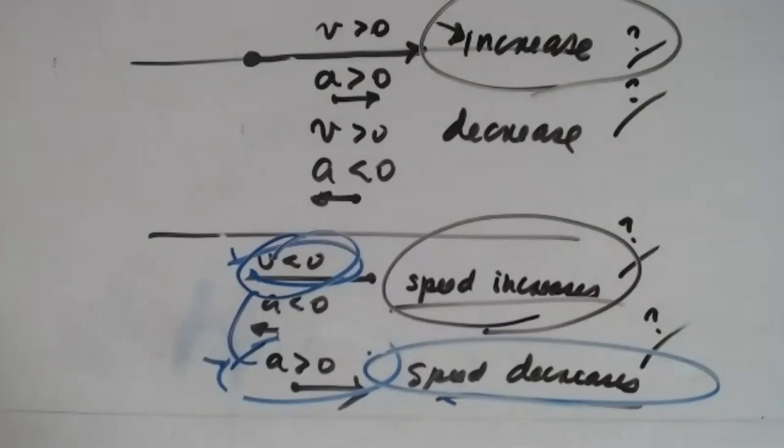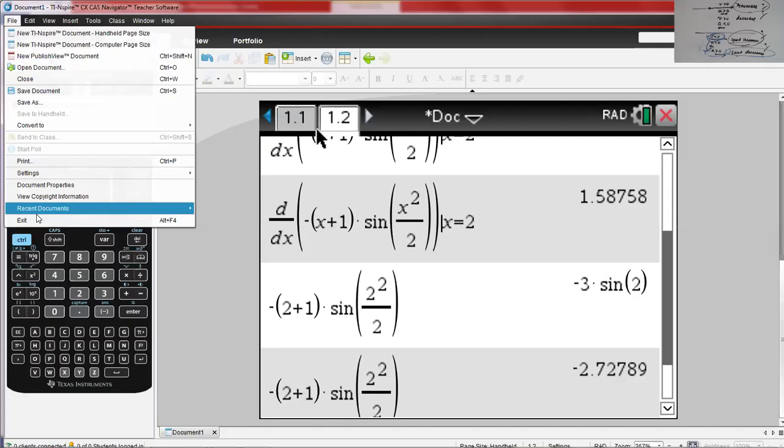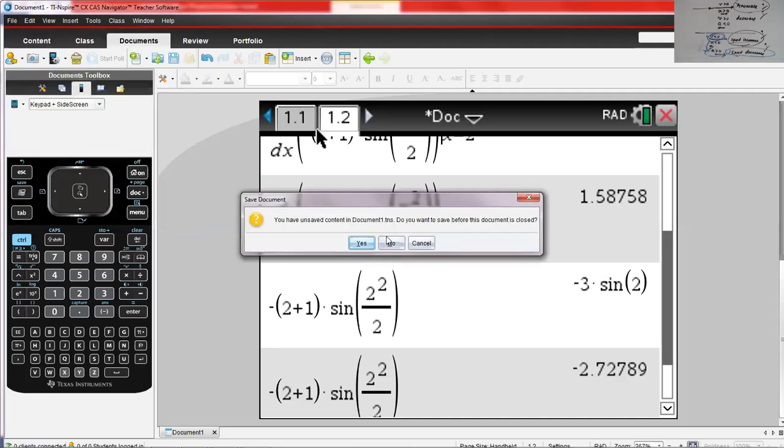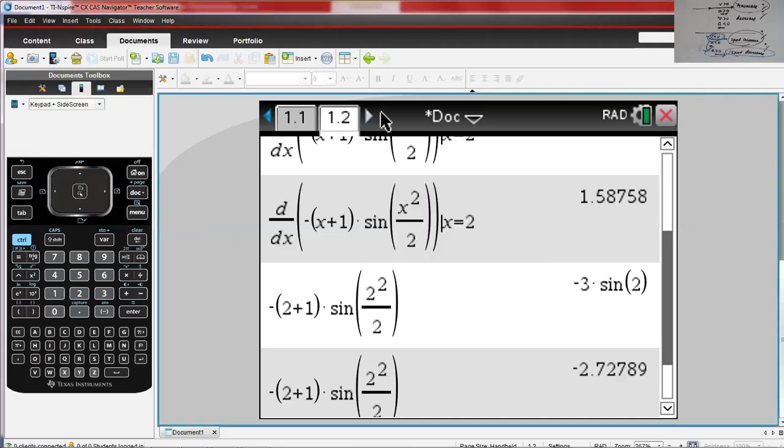¿Se puede un CX o ocupas un CAS? Déjame ver. Déjame abrir el CAS. Bless you. Gracias. Okay, let me just share this one. Déjame cerrar esto. File close. Exit. No. Cancel. Déjame usar el CAS.